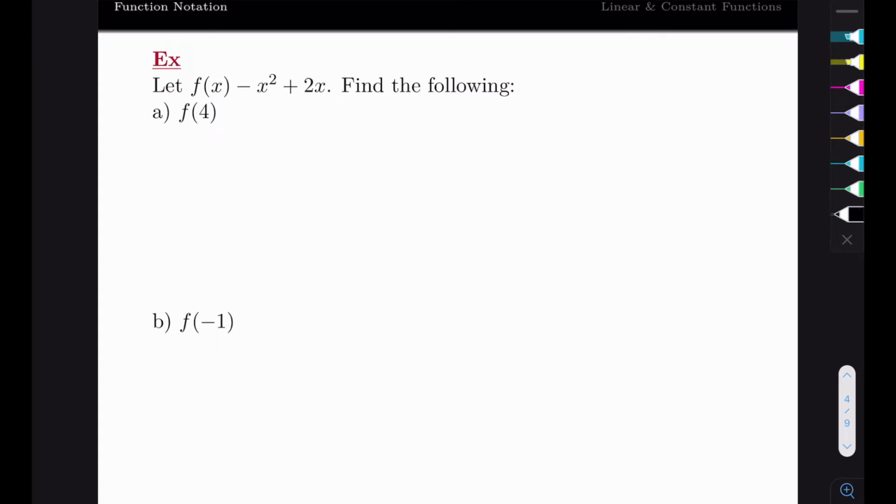This way, if we're working with multiple functions, we'll know the distinction between those. So let's get some practice. We're going to let f of x equal x squared plus 2x. Based on that, we want to find the following things. Again, we're really just figuring out what the y value is corresponding to input x.